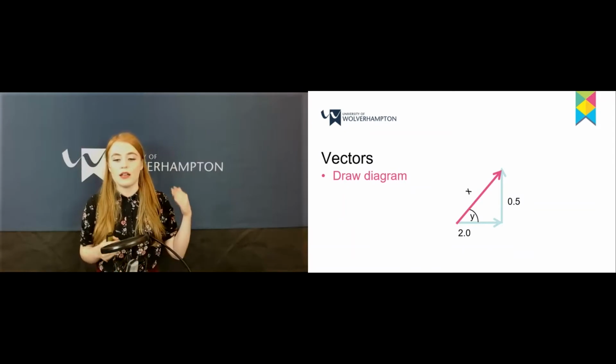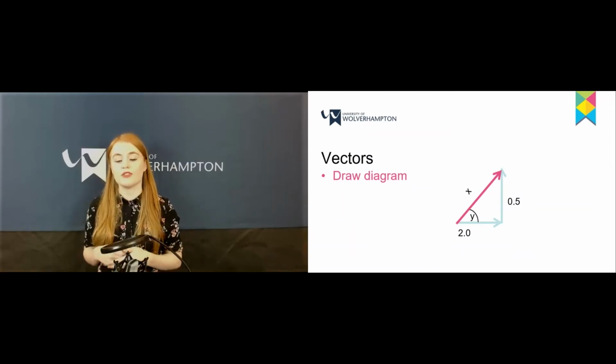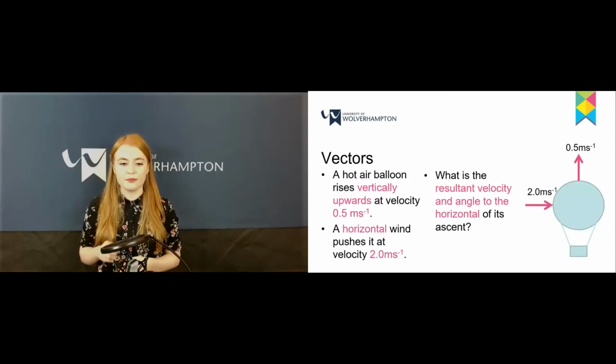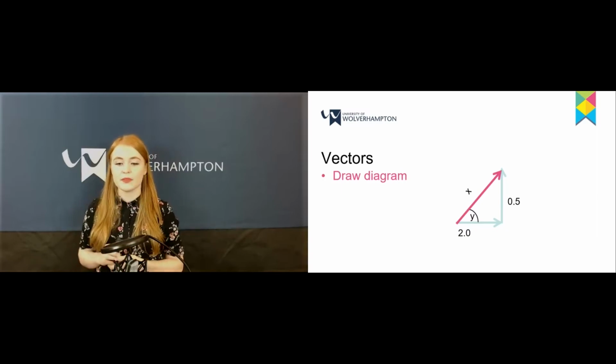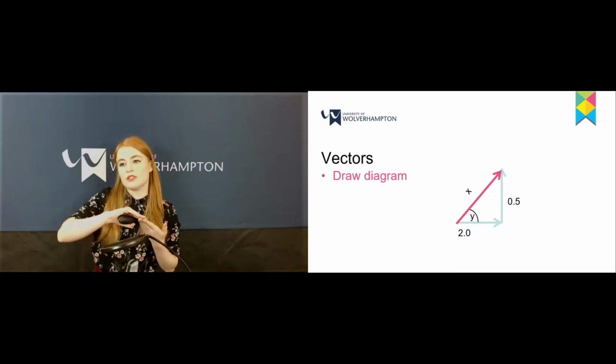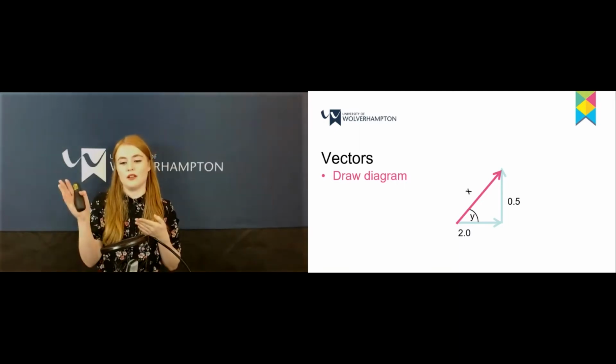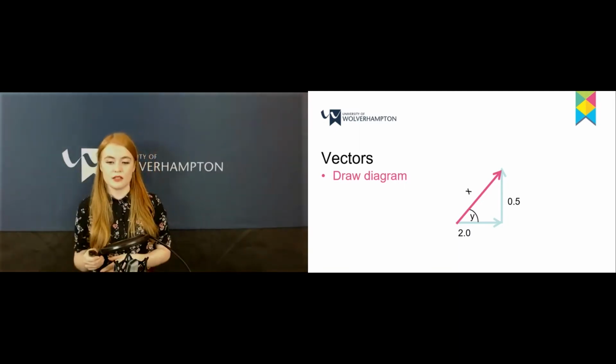So I've got my arrow for the horizontal wind, and I've got my arrow for the vertically upwards velocity. And then the resultant will go from the tip of one arrow to the other. And that's what we need to find.